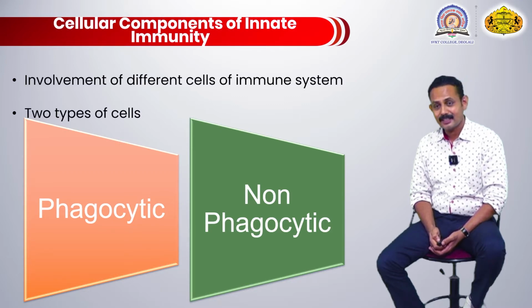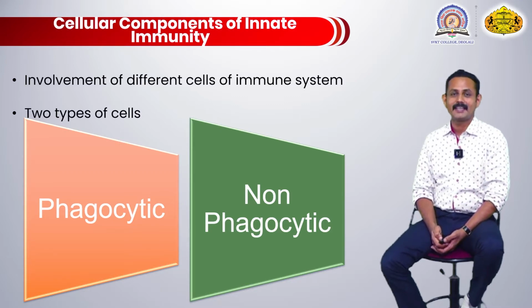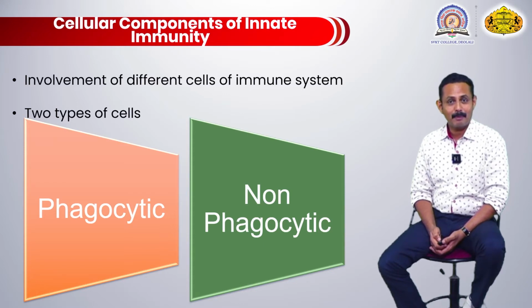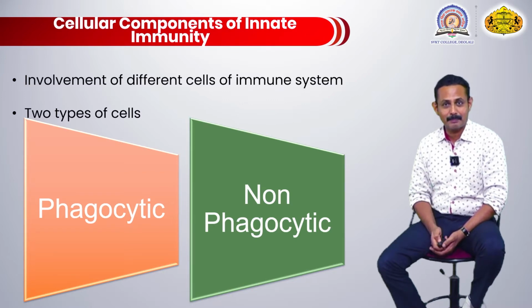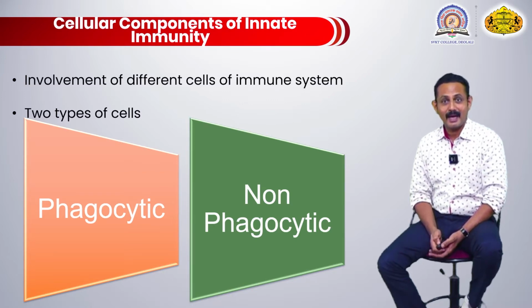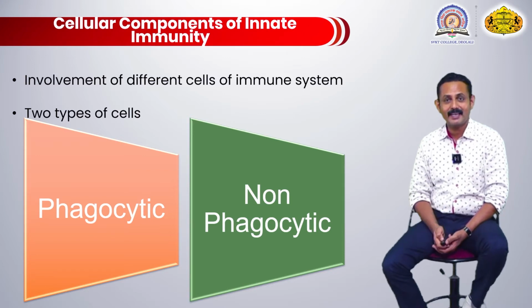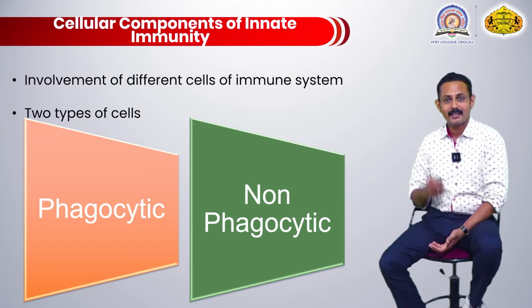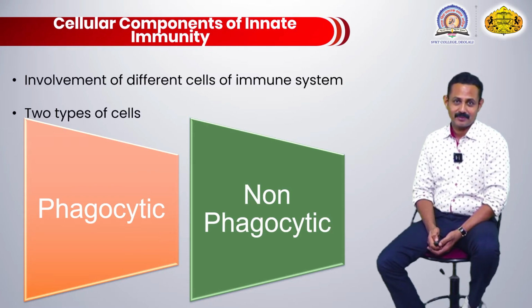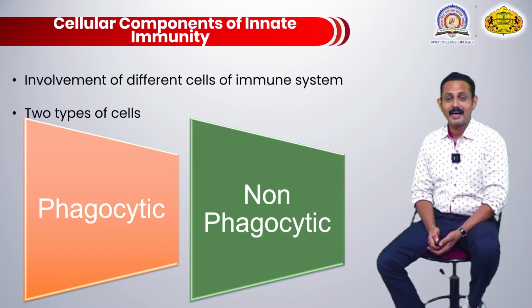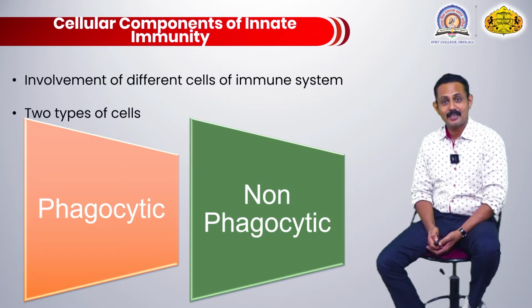The others are non-phagocytic cells, which do not perform phagocytosis but secrete their internal content, maybe as different types of peptides or antibodies. They combine with the antigens, or are secreted on the antigen, and carry out its destruction.